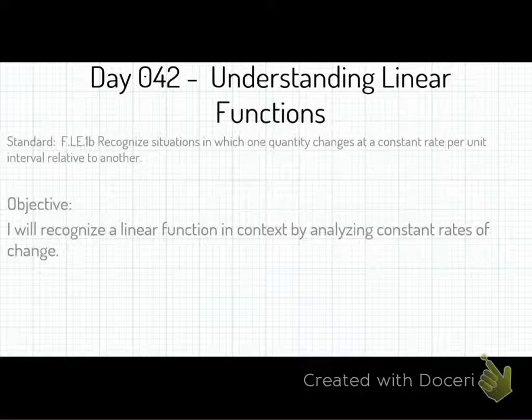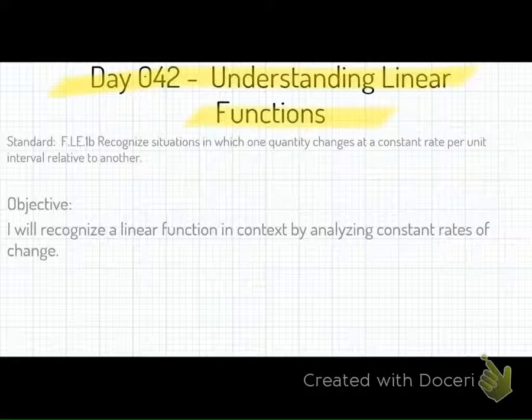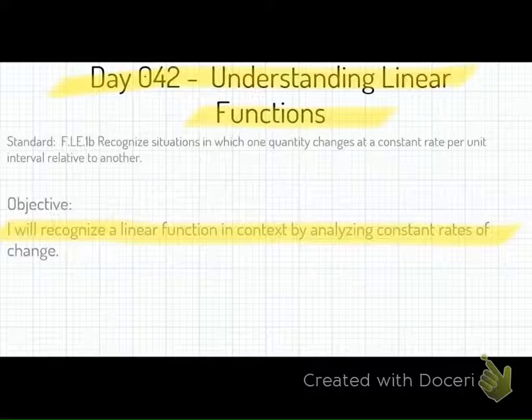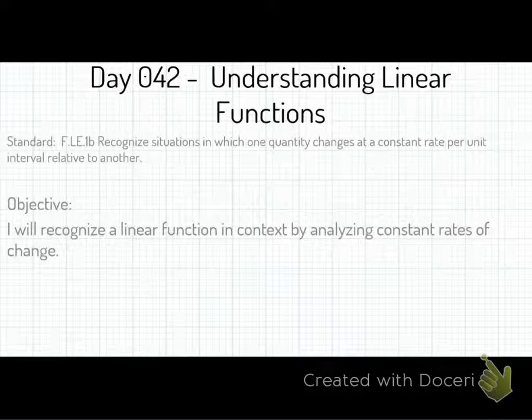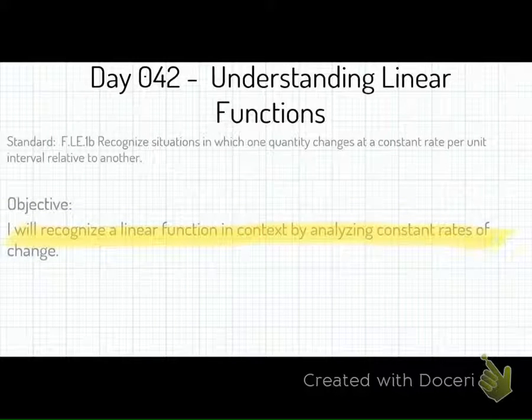So we all need to have our notebooks out, and let's write down the title and the objective for today. Let's have the teacher pause the video so students can do that. Alright students, you should have written these things down. Today we're going to recognize a linear function in context by analyzing constant rates of change.